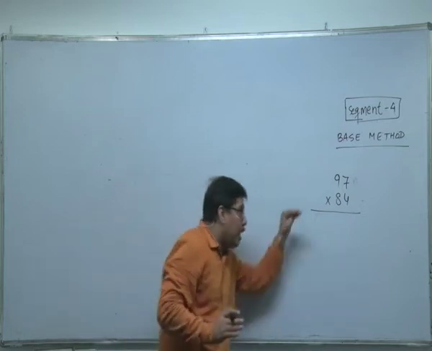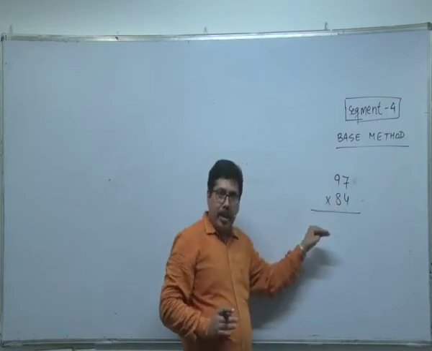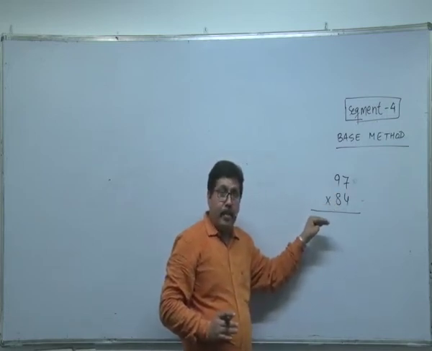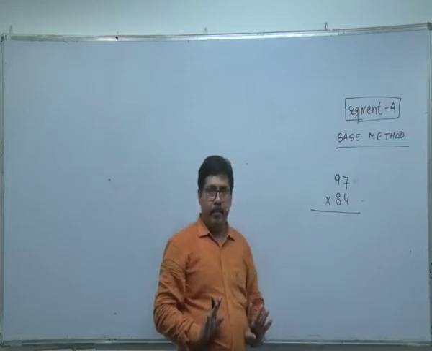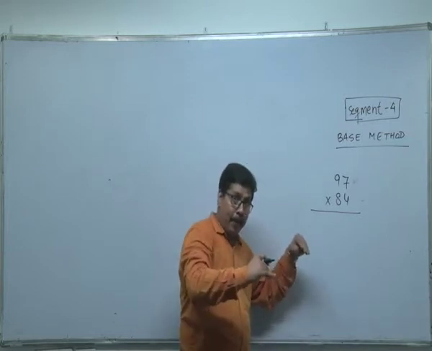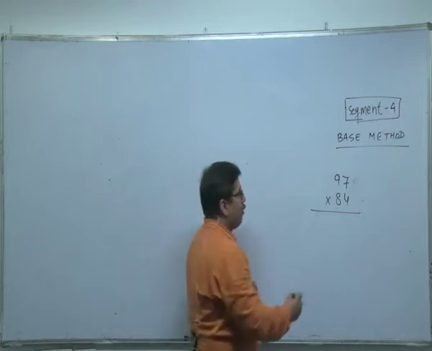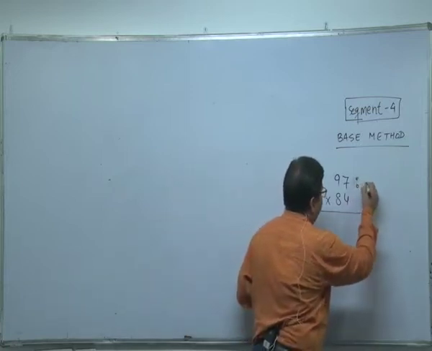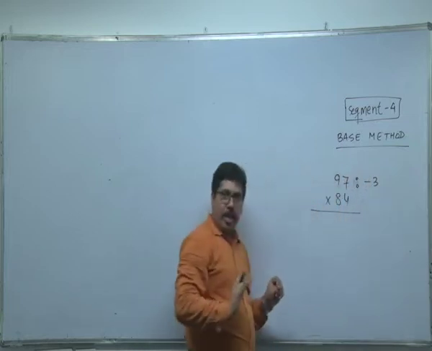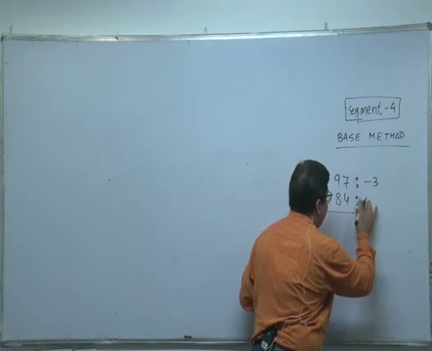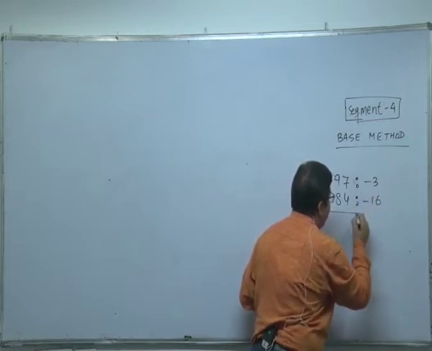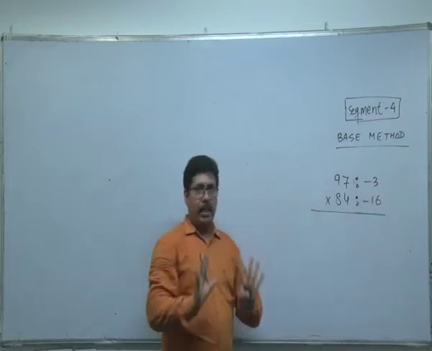Since both the multiplicands are near about 100, subtract 100 from each of the numbers. So 97 minus 100 is minus 3 and 84 minus 100 is minus 16. That is my step number 1.